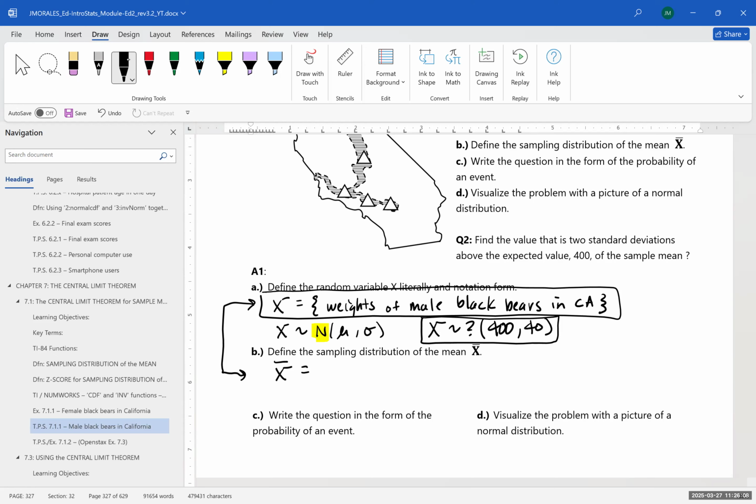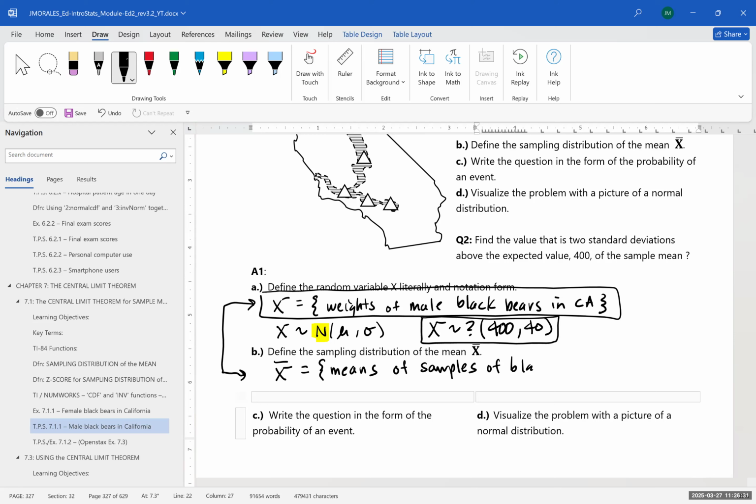All right, so the sampling distribution of the mean, this capital X bar, is going to be defined as containing the means of samples of black bears in California with a sample size of 18.